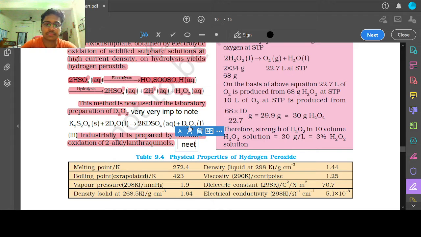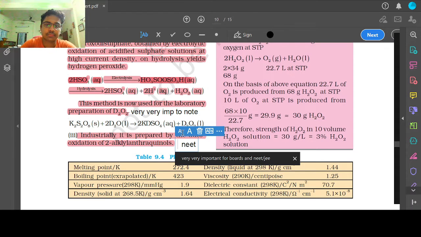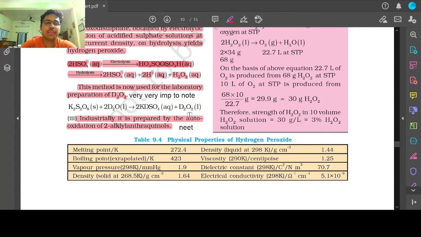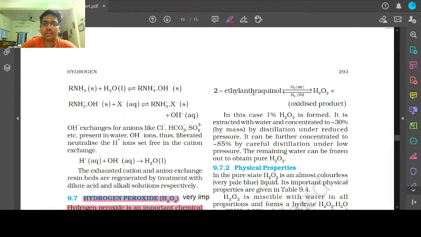So 2-ethylanthraquinol on oxidation gives H2O2 plus an oxidized product, with a palladium catalyst. Don't memorize the details; the term auto-oxidation is enough here. So 2-ethylanthraquinol on auto-oxidation gives H2O2.